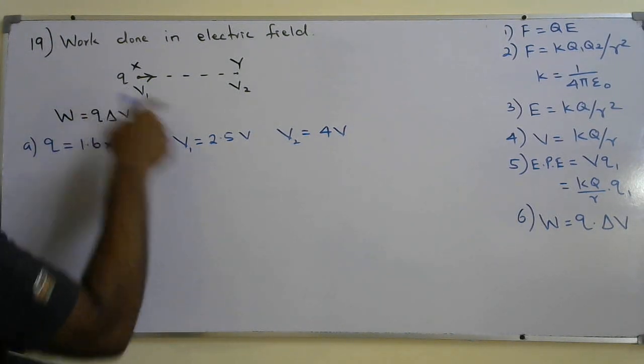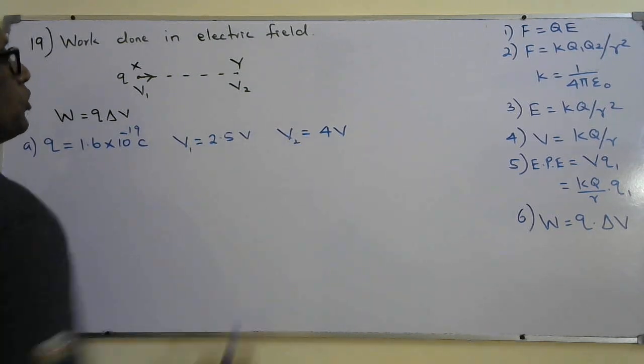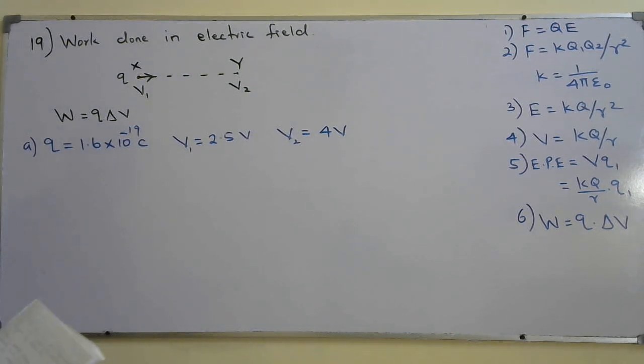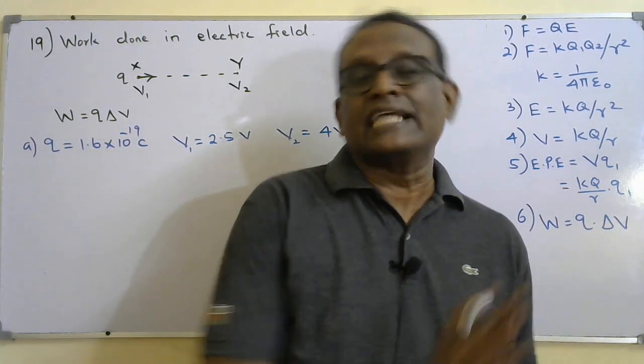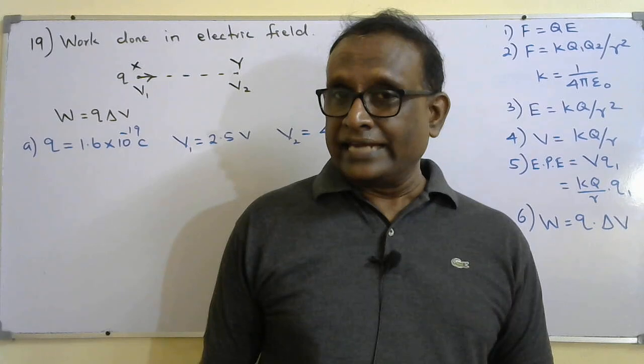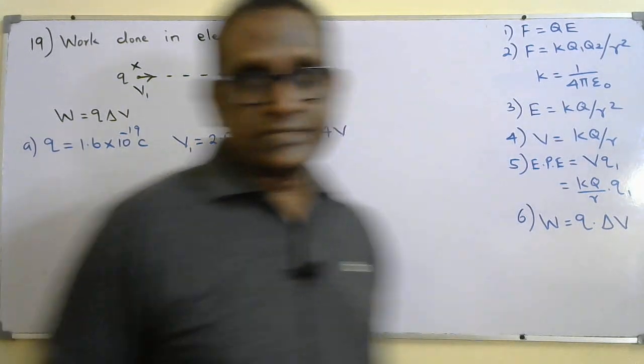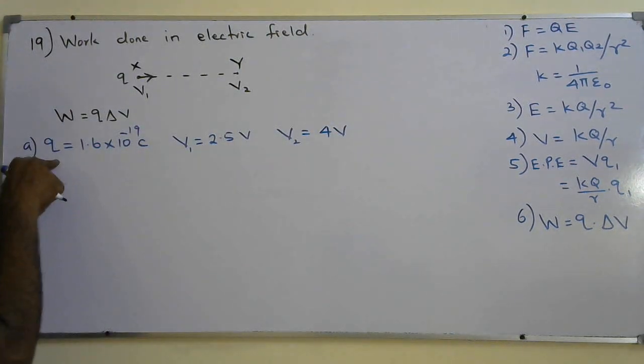It's moving from lower potential to higher potential. When a positive charged particle moves from lower potential to higher potential, what will happen? I already told that the charged particle will lose its kinetic energy and gain electrical potential energy because it's a positively charged particle.